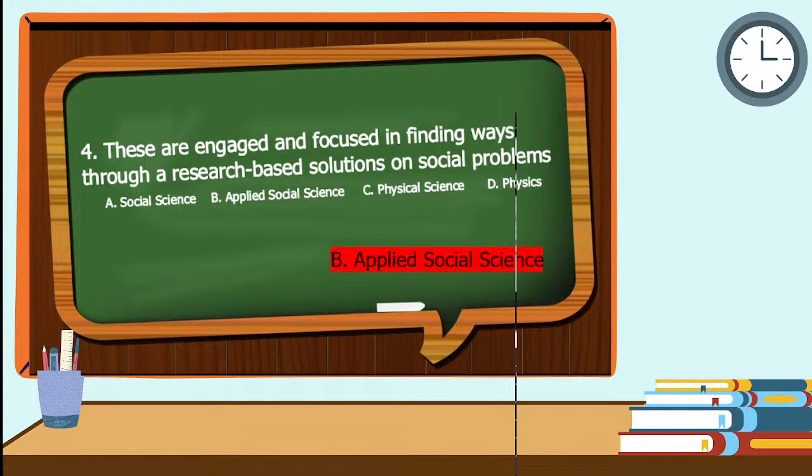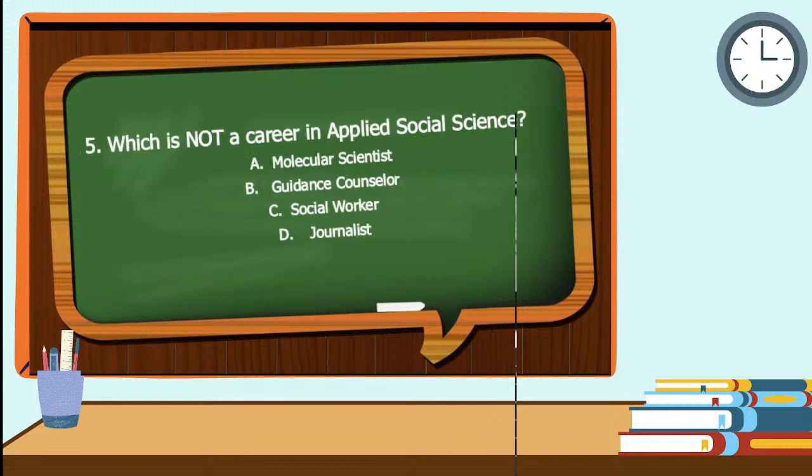So the answer is letter B, applied social science. So number 5, which is not a career in applied social science? A, molecular scientist. B, guidance counselor. C, social worker. D, journalist. All right, so the correct answer here is molecular scientist.